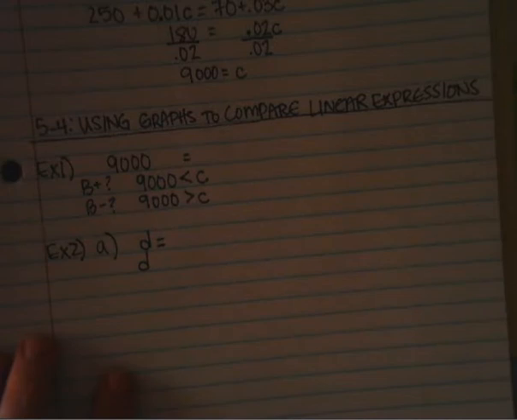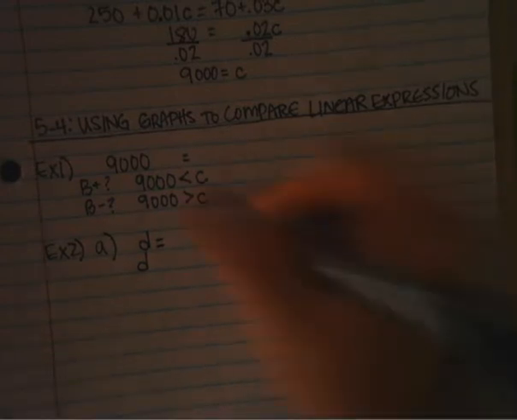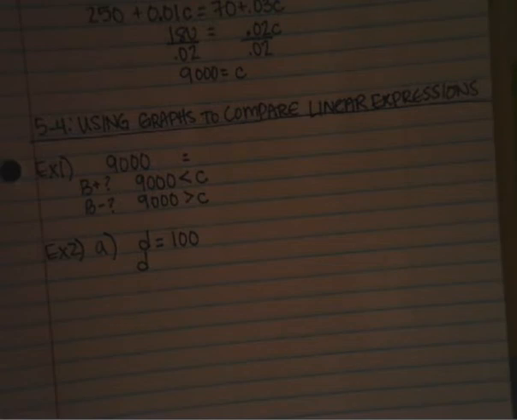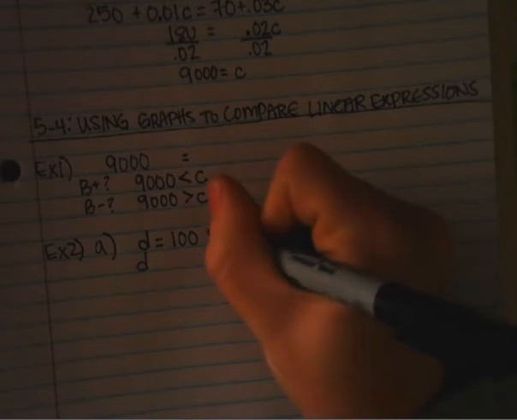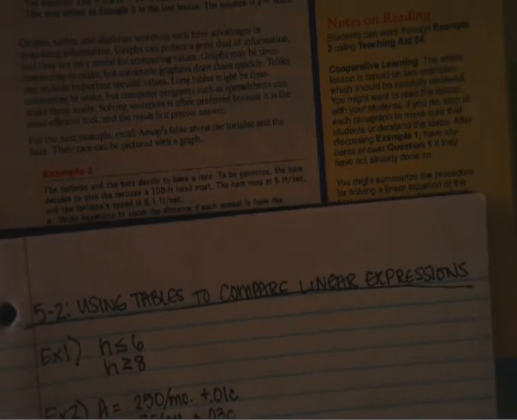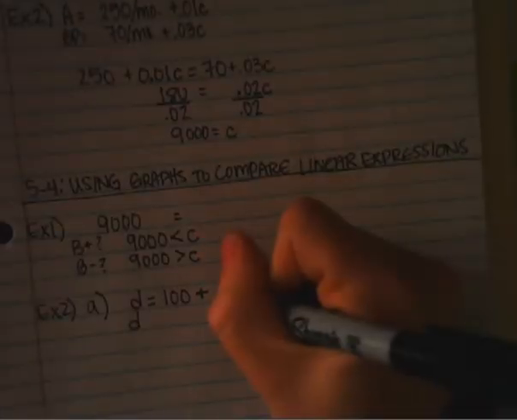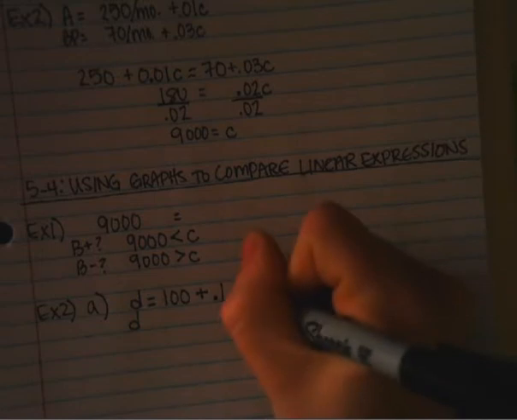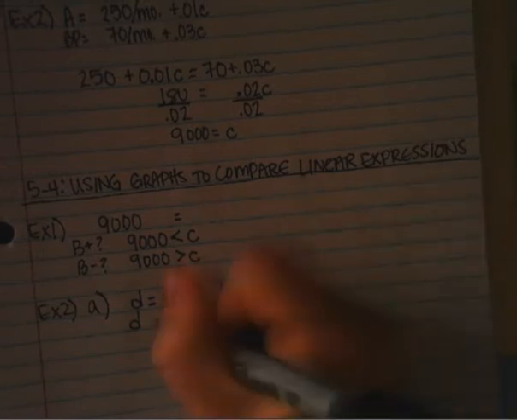Okay, so let's start with the tortoise. We know that even after no time has passed, the tortoise is 100 feet away. Okay? And he's going at a speed of 0.1 feet per second. Okay?